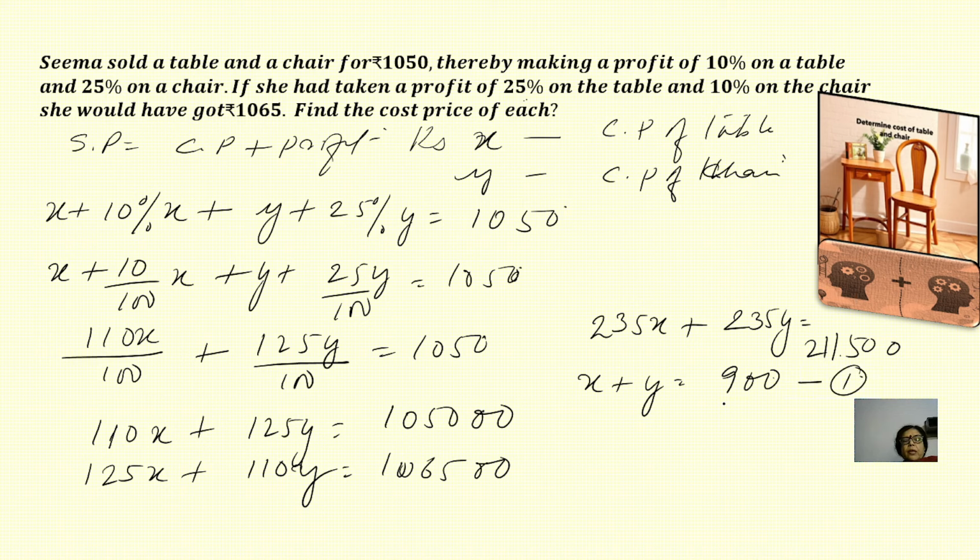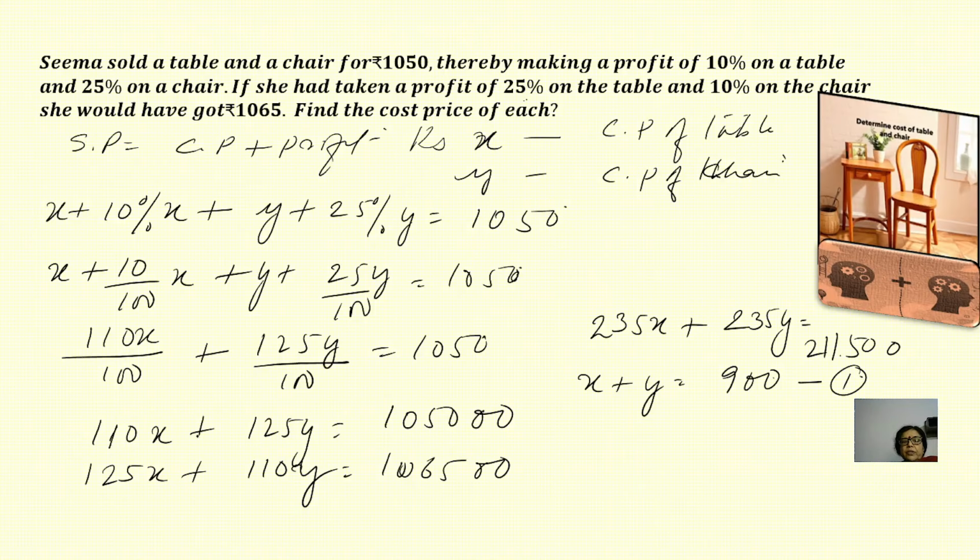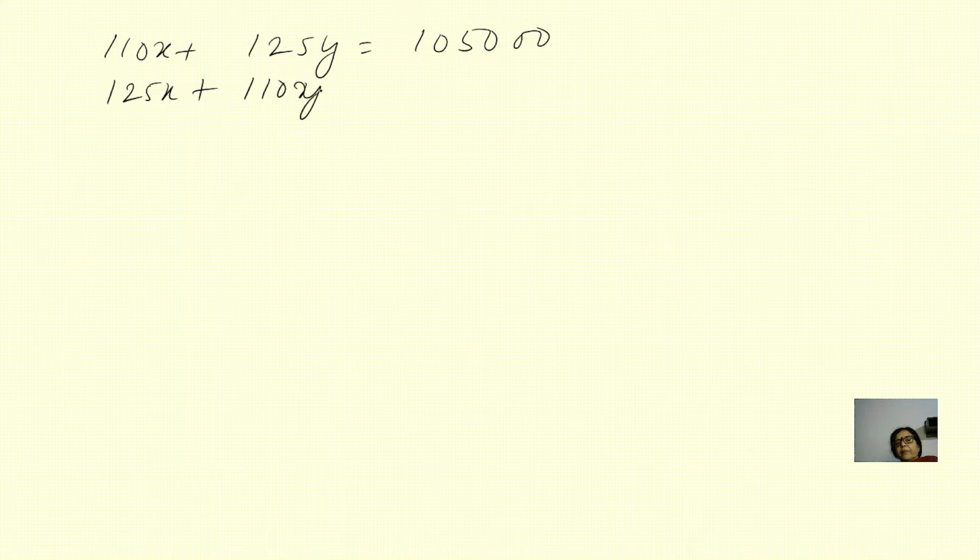Similarly, in the second case, I'm going to subtract these two equations from each other. Let me rewrite the equations once again. The first equation is 110x plus 125y is equal to 105000. And the second one is 125x plus 110y is equal to 106500.